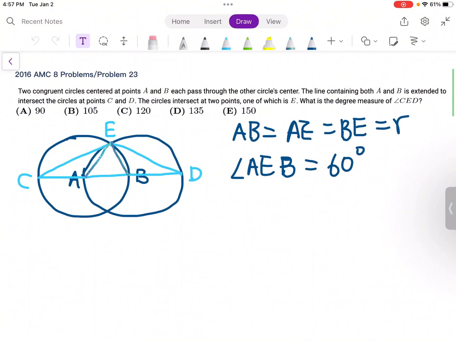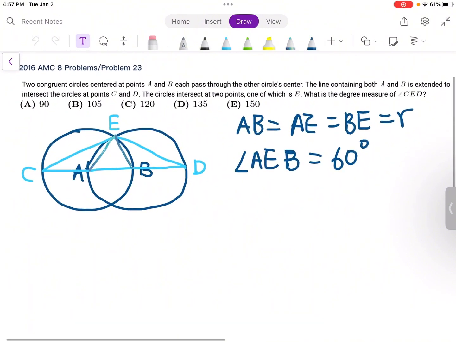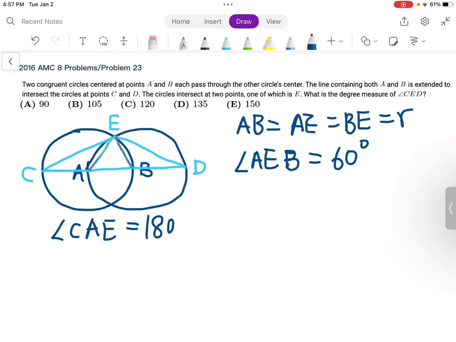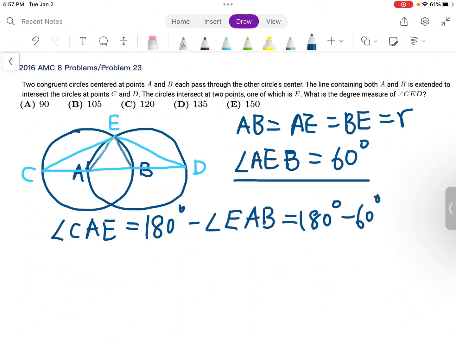And also angle CAE equals 180 subtract angle EAB, and angle EAB equals angle AEB, which also equals 60 degrees. So that's 180 subtract 60 equals 120.